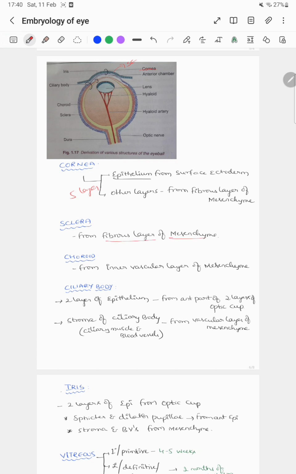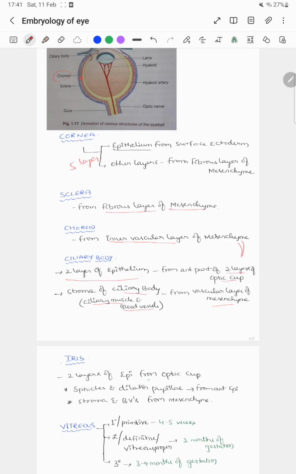Then choroid. The choroid is formed from the inner vascular layer of mesenchyme. Here you can clearly appreciate the choroid present in the inner aspect, which is formed from the inner vascular layer of mesenchyme. The ciliary body has 2 layers of epithelium and is formed from the anterior part of the 2 layers of the optic cup, which are fused and form the iris also. The stroma, that is the ciliary muscle and blood vessels of the ciliary body, is formed from the vascular layer of mesenchyme.